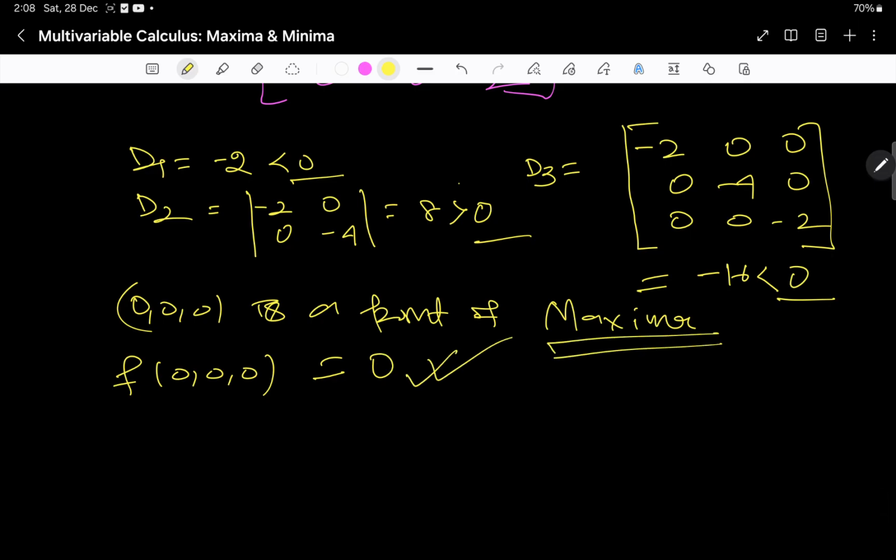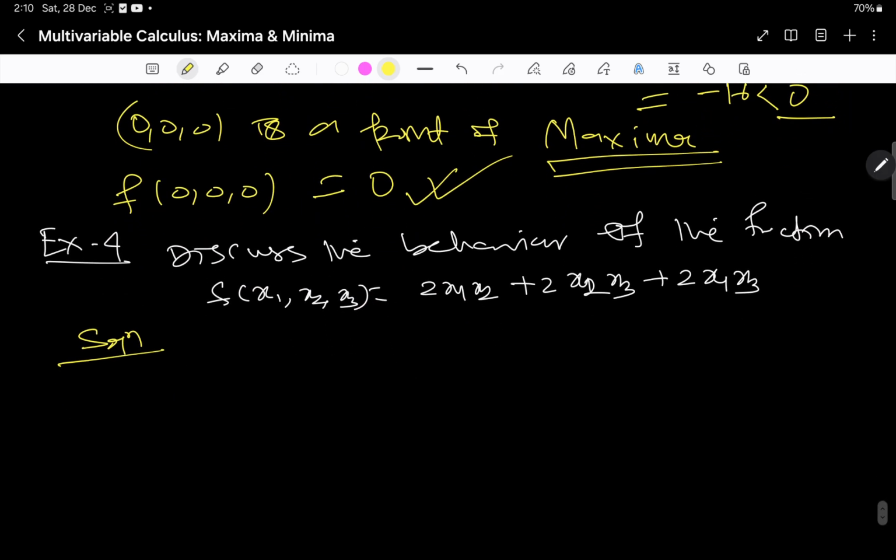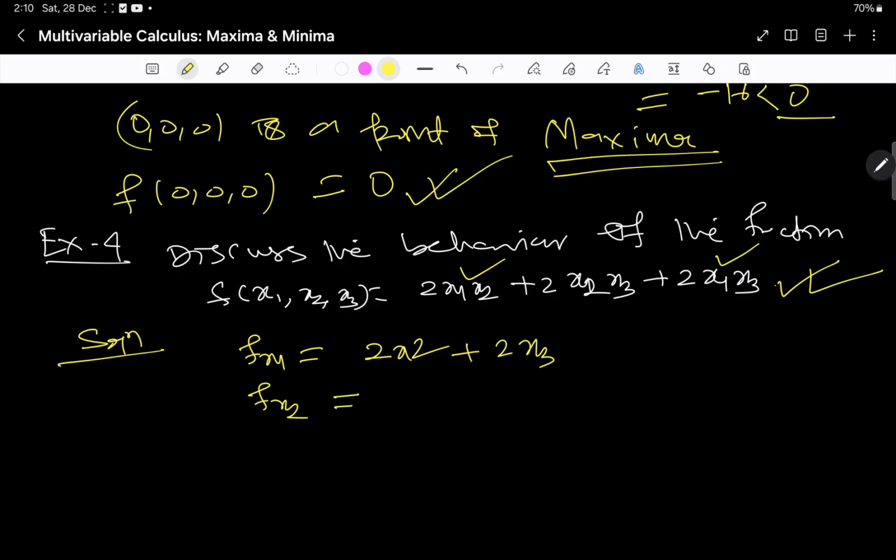Now let us solve just one more example. Suppose you are given one more question. Discuss the behavior of the function. So what is fx1? fx1 is 2x2 plus 2x3, and here fx2 is 2x1 plus 2x3, and here fx3 is, if you differentiate with respect to x3, 2x2 plus 2x1.